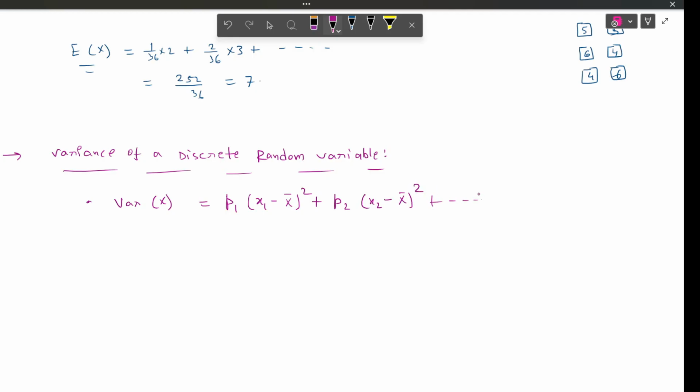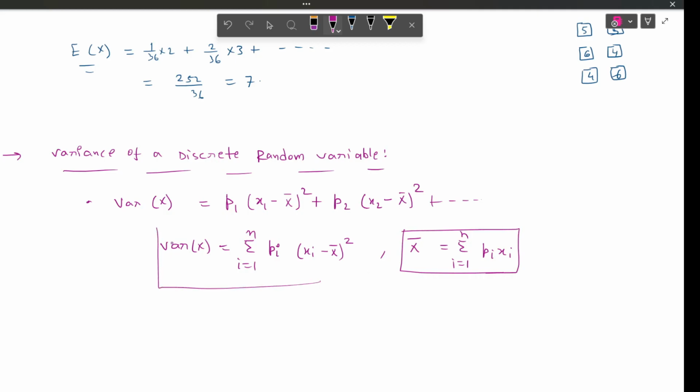In this manner you have to go. We can write this in short form, that is var of x is calculated as summation i equals 1 to n of pi (xi minus x bar) square. Now we know x bar is summation i equals 1 to n of pi xi, right? We know this already.